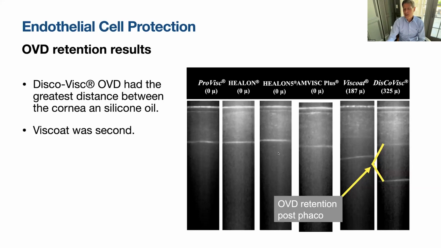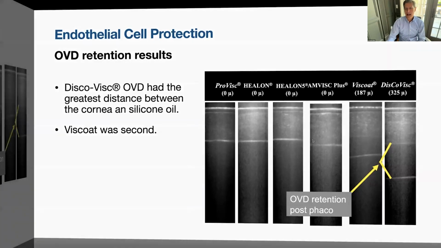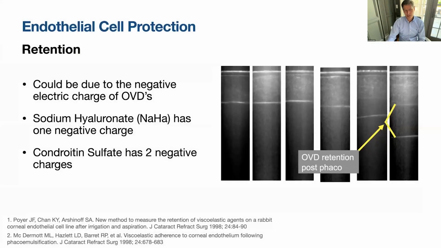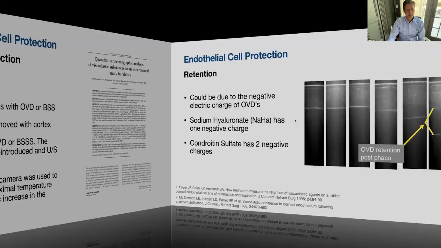So this study evidences that, again, if we use dispersive viscoelastic, it will be retained in the eye after phacoemulsification. And why do they think that it is retained? It is due to a negative electric charge of the OVD that basically adheres to the endothelium.